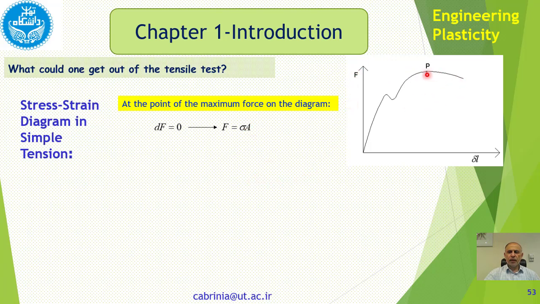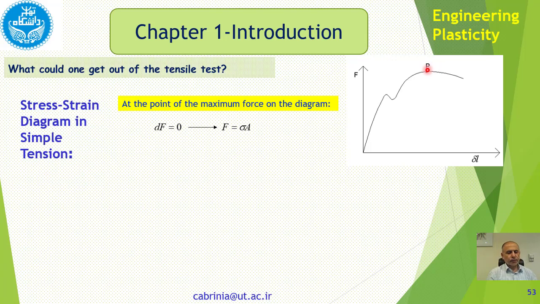Now it says at maximum force, if you draw a line tangent to P, that tangent will be parallel to delta L. Therefore dF is equal to 0 at this point, which is the point of maximum.